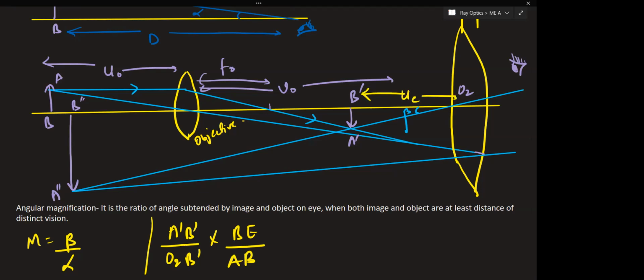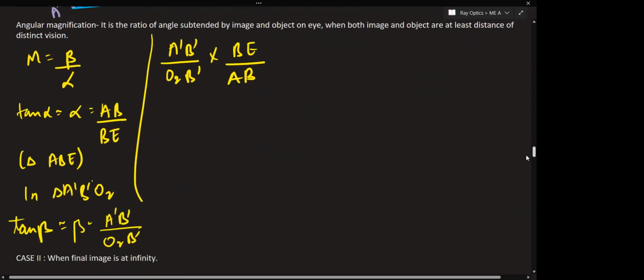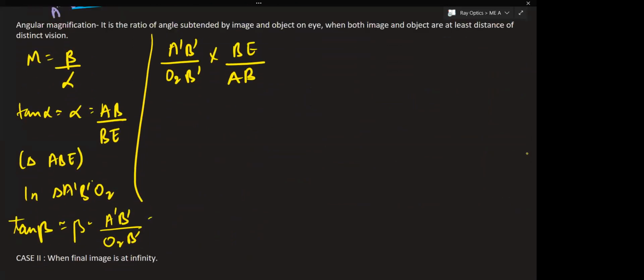Right. So we can write tan beta, or here only I'll write, A dash B dash as the height of image. O2 B dash can be written as the object distance with a negative sign.